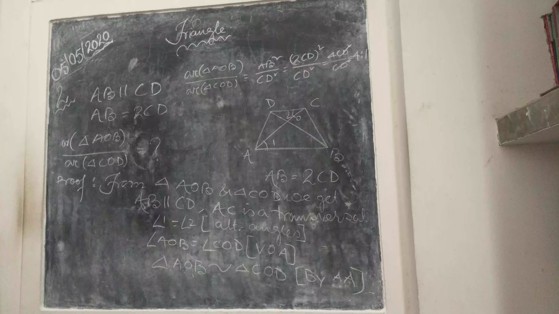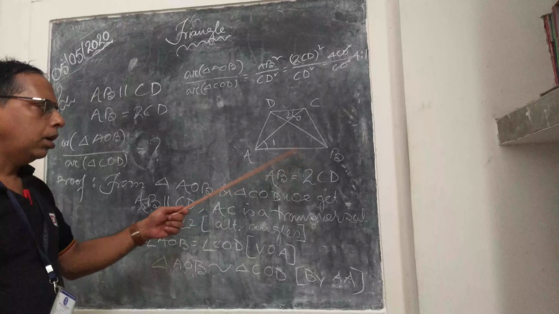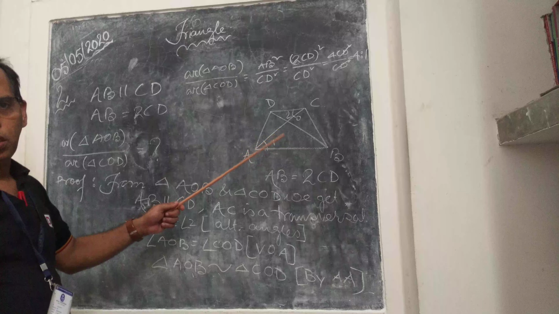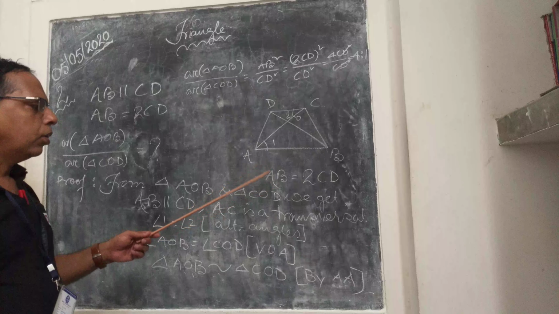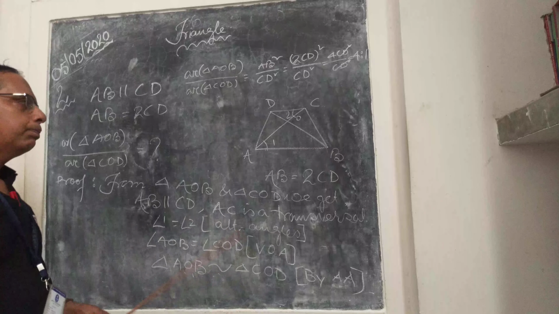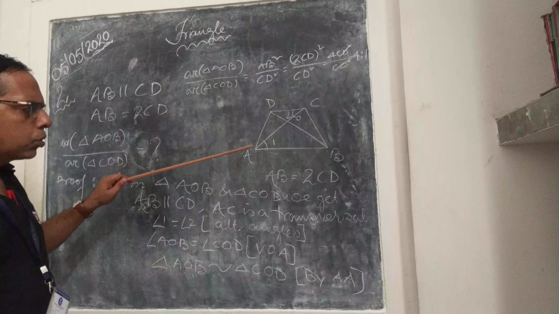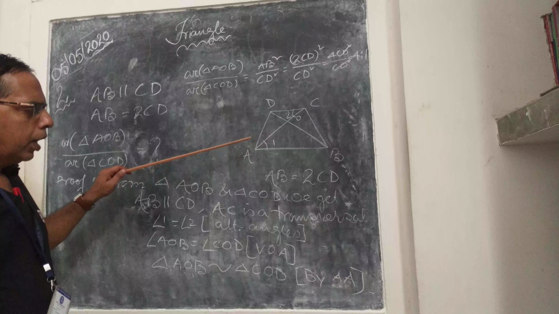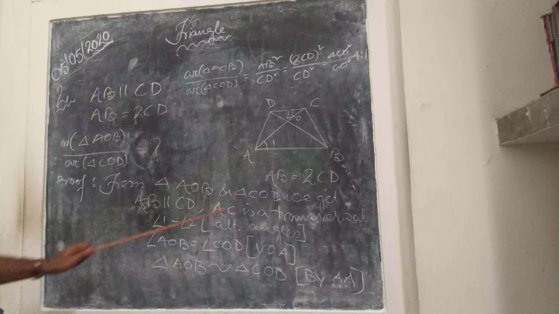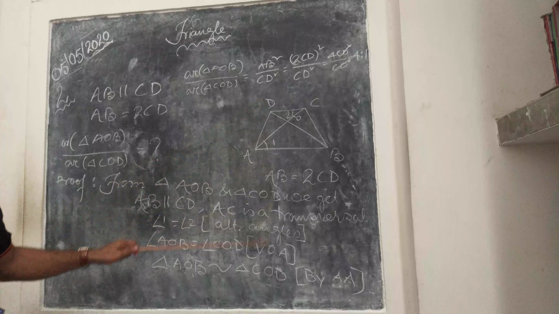Once again, you have to find the ratio of the area of triangle AOB and the area of triangle COD. Now already in the given question it is given AB is twice CD. If AB is 2 times CD, then you can prove that these two triangles are similar. I have done AB parallel to CD and AC is the transversal. Then angle 1 equals angle 2, alternate angles. Then angle AOB equals angle COD, vertically opposite angles.